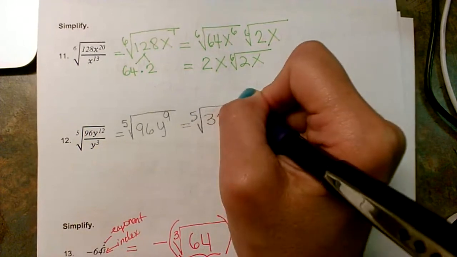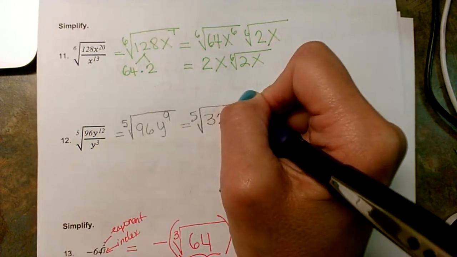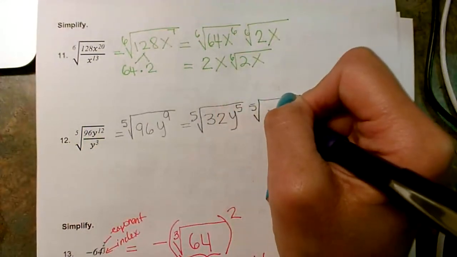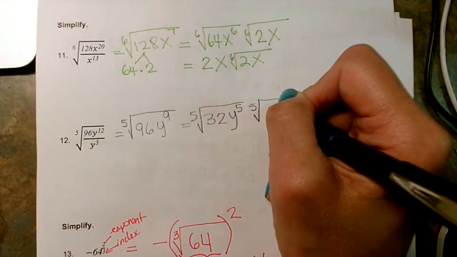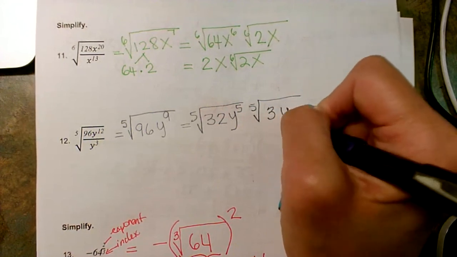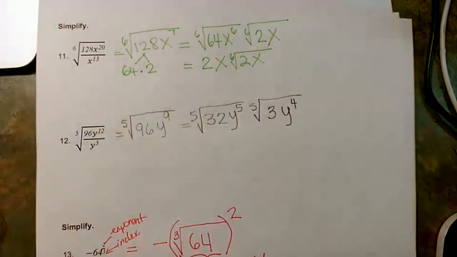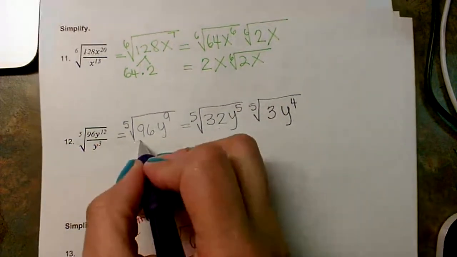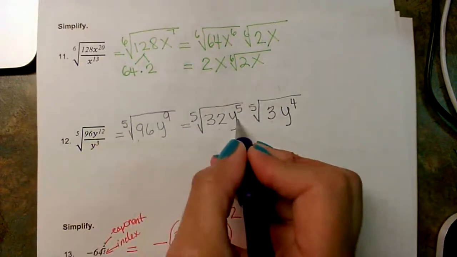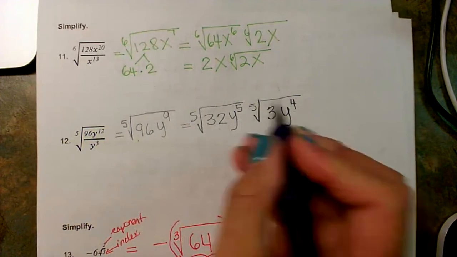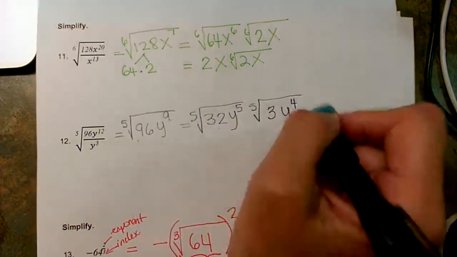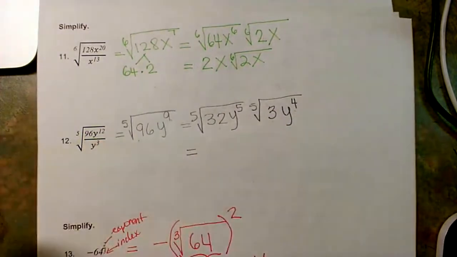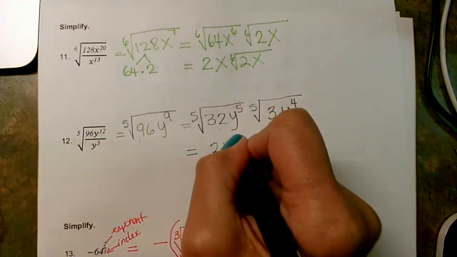So 1 is going to be 5, and the leftover is going to be 4. Remember, 32 times 3 is 96. Y to the 5th times y to the 4th is y to the 9th. This is the leftover. So what do I get here? I get a 2y.